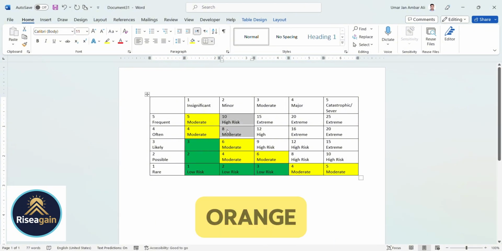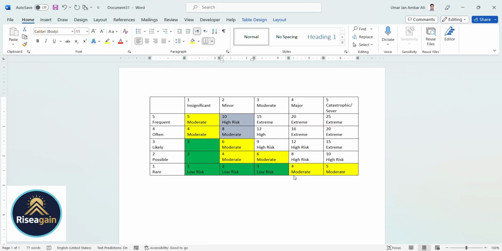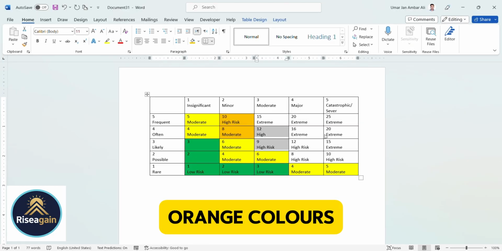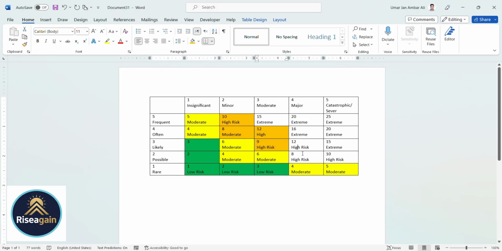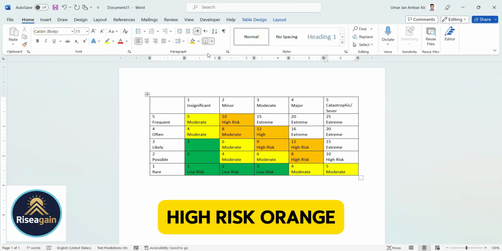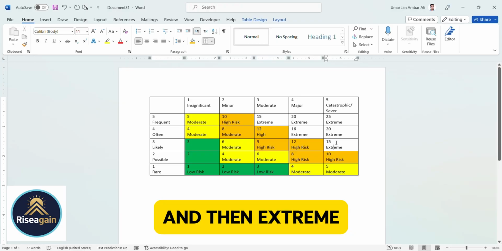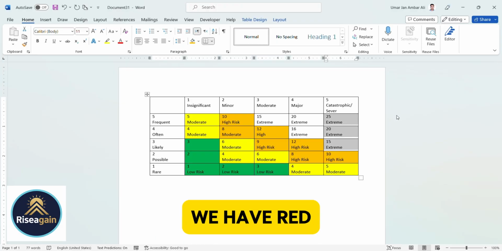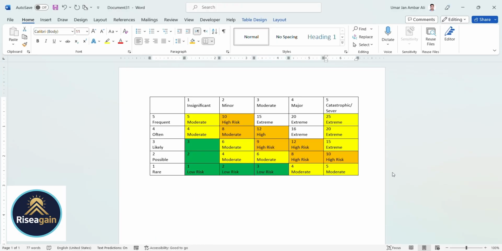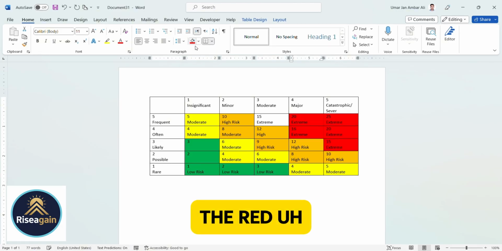High we have orange. Orange colors. High risk, orange color. And then extreme we have red colors. Okay, these are the red, extreme.